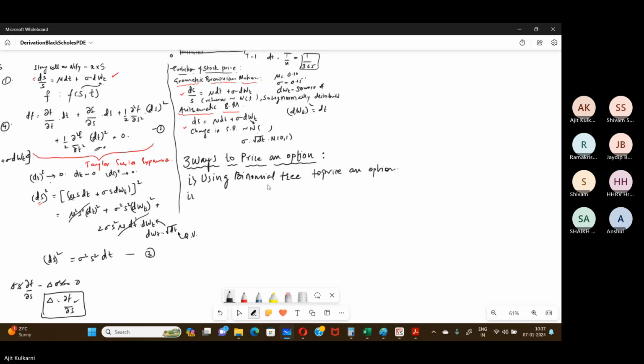Second, we also saw yesterday taking expectation of payoff and discounting it appropriately. And third way we saw today is the Black-Scholes formula for a vanilla option.